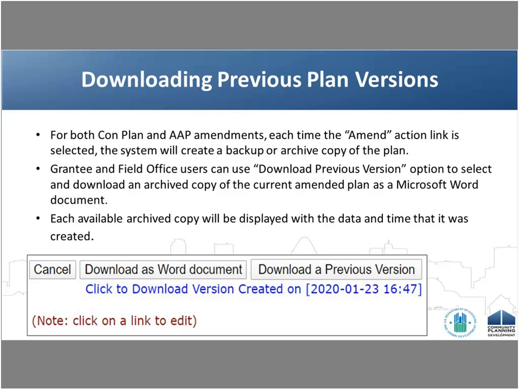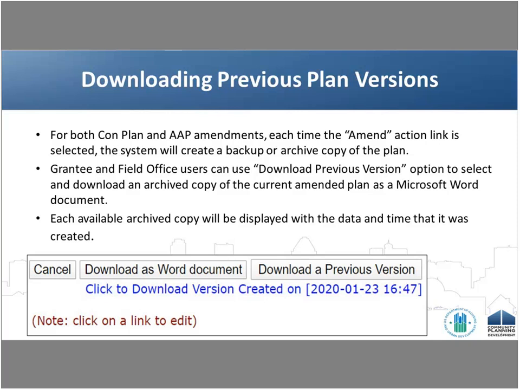No, and that's the big benefit of this 11.19 release and the new amendment feature. Ideally, in the near future, there's still going to be some plans that have been created before, but what this is doing is allowing grantees to have just one plan for each program year.